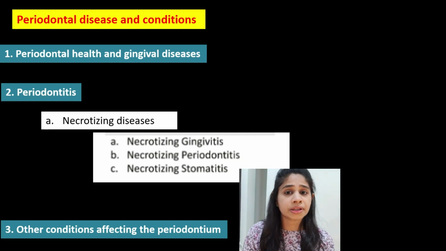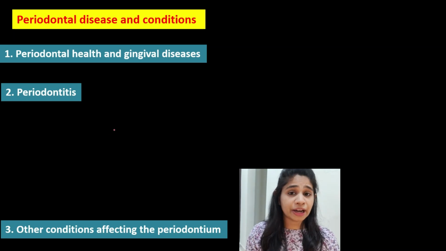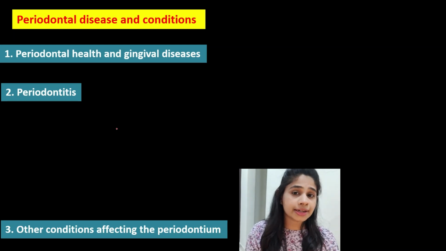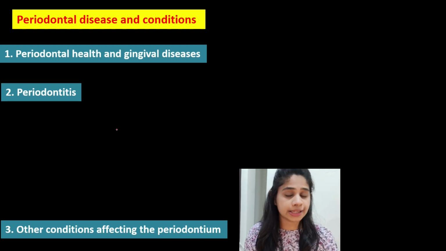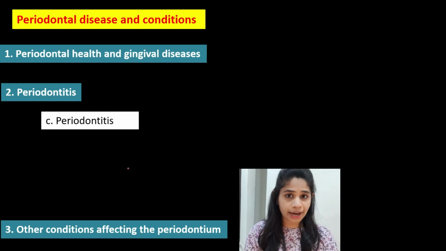The second subgroup is periodontitis as a manifestation of systemic diseases, wherein a primary systemic disease can cause a secondary periodontal manifestation. Now, if a periodontal condition does not have necrotic signs and is not associated with a primary systemic influence, then it falls into the third category of periodontitis itself.